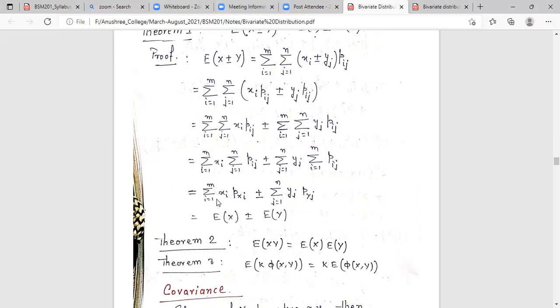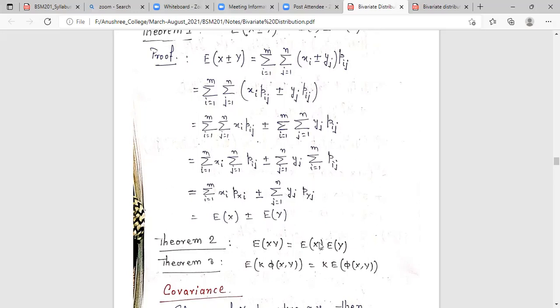Now the summation over j of Pij gives us pxi, the marginal probability distribution of X. Similarly, the summation over i of Pij gives us pyj, the marginal probability distribution of Y. And this is the expectation of X, as we all know, and this is the expectation of Y. That's why it is the expectation of X plus minus the expectation of Y.